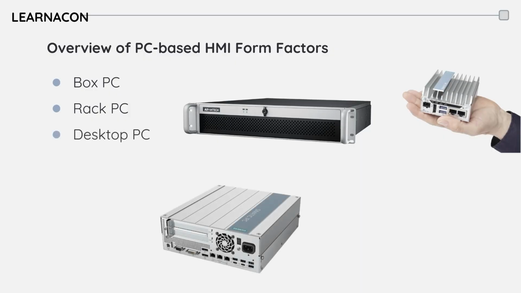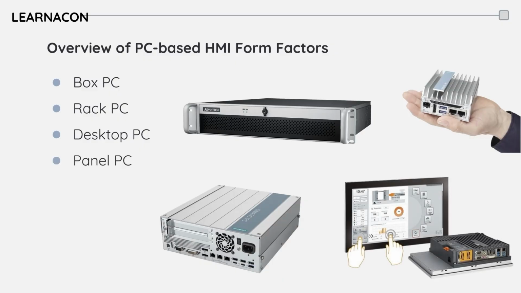The desktop PC, a familiar form factor, provides versatility and is often used in office or lab settings with the added benefit of easy upgrades. And finally, the panel PC combines computing power with an integrated display and touch interface, making it perfect for direct interaction with machines on the factory floor.